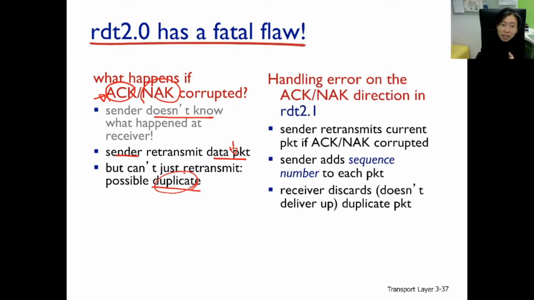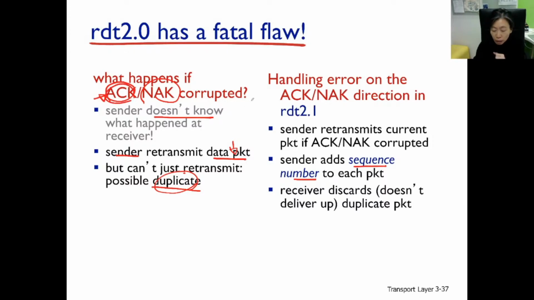So in RDT 2.1, to seriously address the issue, we need to add a sequence number to the packet sent, so that the receiver side can check the sequence number and see if the packet that has already been received earlier matches the sequence number the receiver is receiving now. If they match, then that is very likely a duplicate from the sender, okay? And the corrupted feedback is an ACK.